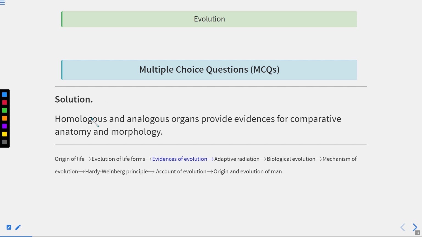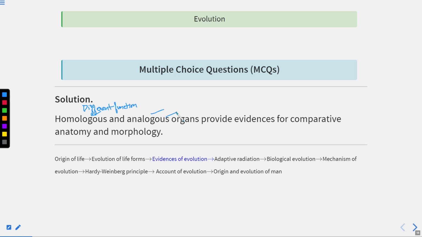The other options were homologous and analogous organs. What are homologous organs? They are formed because of divergent evolution, or you can say adaptive radiations. Homologous organs are those organs which have the same structure but different functions.